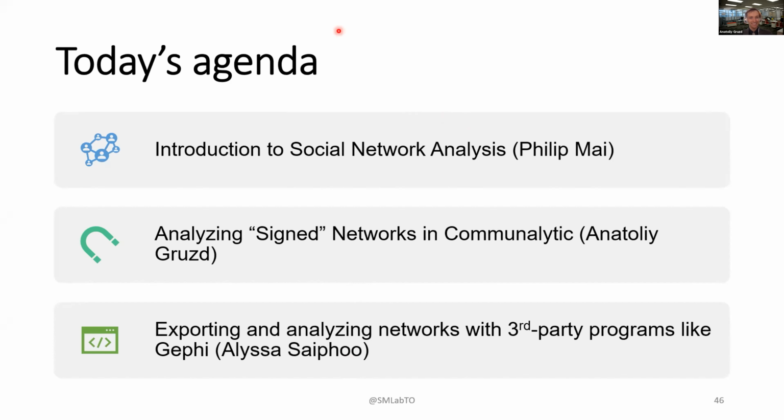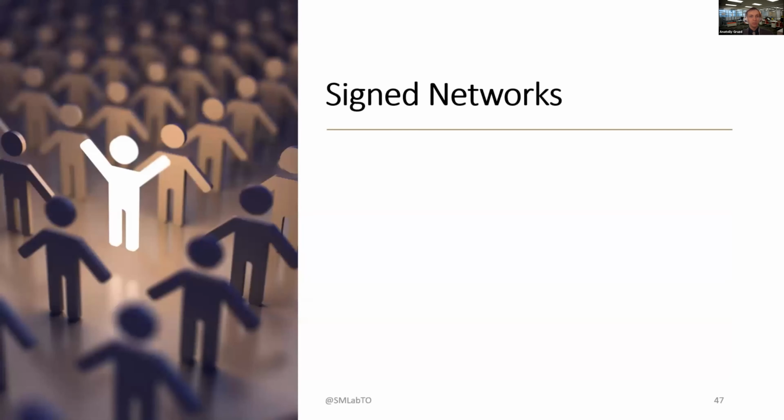Yes. Thank you. So what I want to do is to build on Philip's basic concepts of social network analysis and to introduce this concept of signed networks, signed social networks. The general idea is that if we're able to incorporate more information about the nature of interactions into the network structure, then we will be able to answer a wider range of research questions.